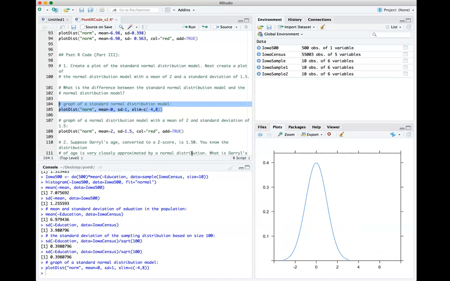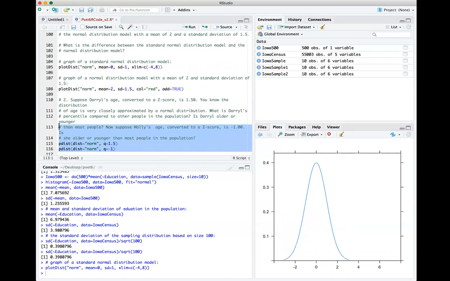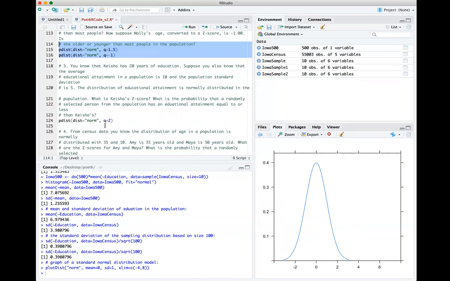So when we talk about questions having to do with, say, Daryl's age as a z-score, and we know his age is approximately normally distributed, what is his percentile? We can know what percent you are above someone else. You can know where two people compare based on their z-score.